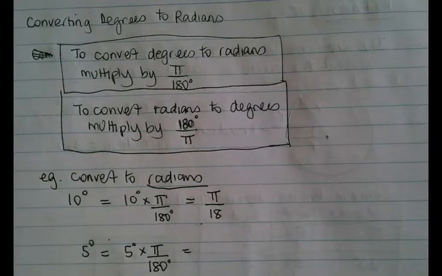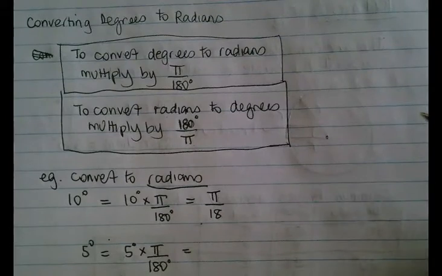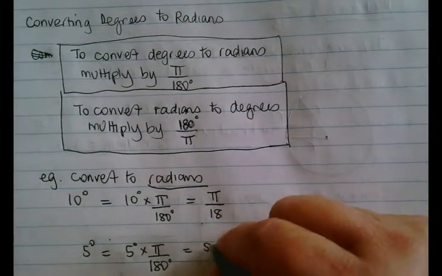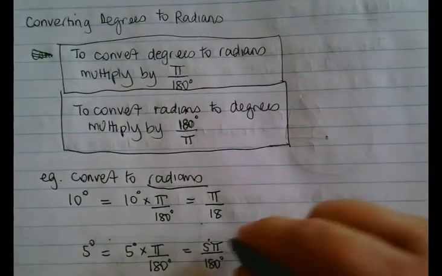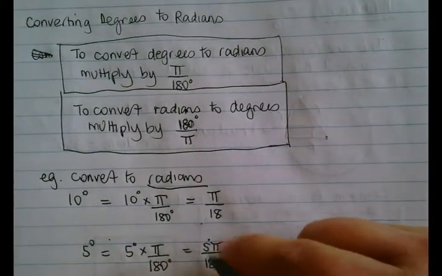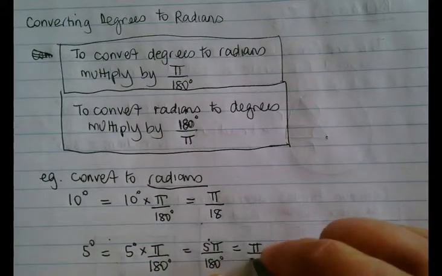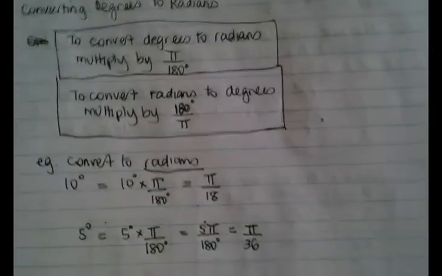Because it should be pi on 36. If you don't put the pi in, you will get 1 on 36, because the pi stays there. So that's 5 pi on 180, but we want to simplify 5 on 180, which is 1 on 36. So it's pi on 36.